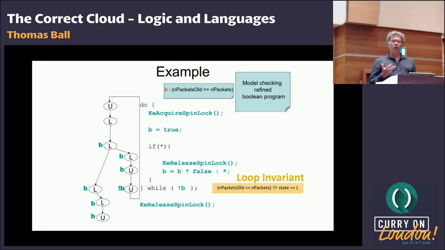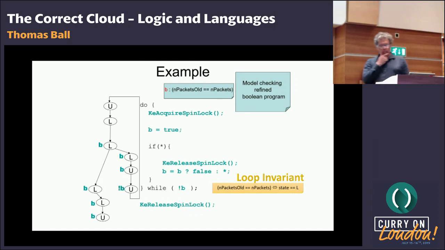Okay, so this is a form of automated verification where we're discovering interesting predicates by doing this model checking of a Boolean program, finding these paths, checking if they're infeasible or not, using an automated theorem prover on the C program, and then doing some refinement.